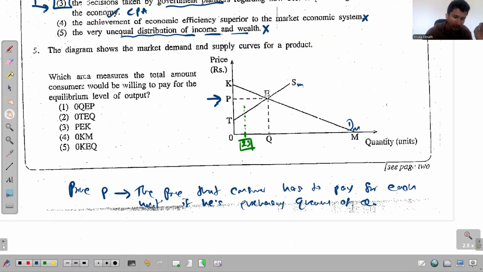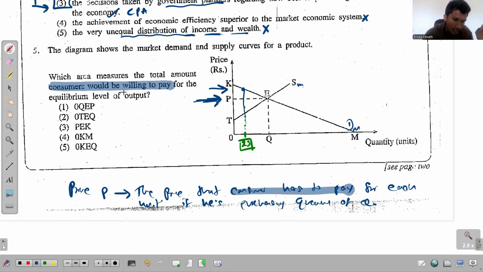So this is the amount that the consumer has to pay. But the question doesn't ask us to recognize the amount that this consumer has to pay. The question asks us to recognize the amount that the consumers are willing to pay. For example, if I select this 25th unit again, for this 25th unit, they are willing to pay this much, right? But this is the amount that they really pay.